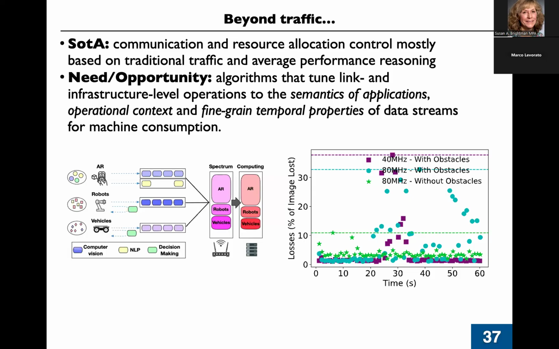The general problem, which is very trendy in communication, is making communication and networking semantic. And this takes many different meanings. Sometimes people just mean you transmit semantically compressed data, which is what I explained to you. But to me, it is actually how many resources I allocate given the mission, right? If a drone is flying in the blue sky, it should transmit less data, but maybe the data should be less prioritized, for instance.